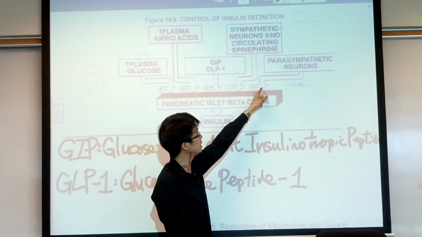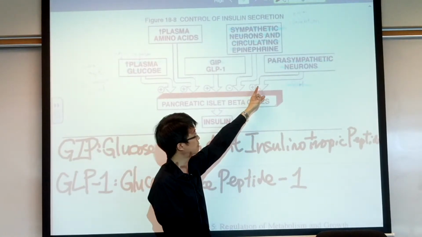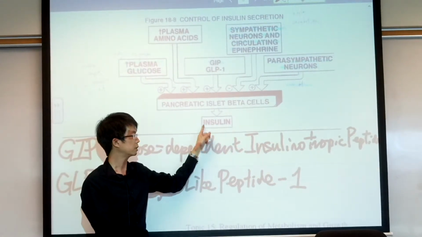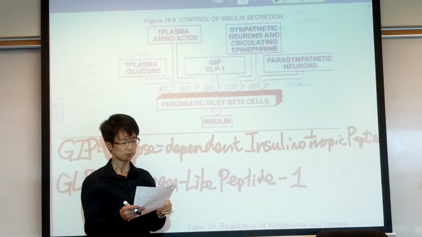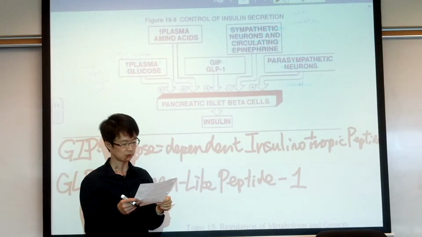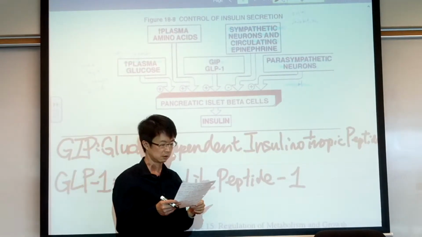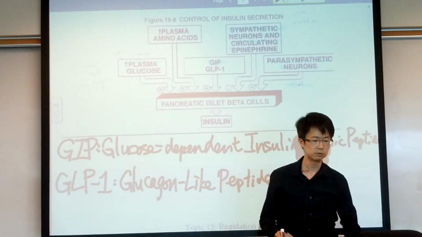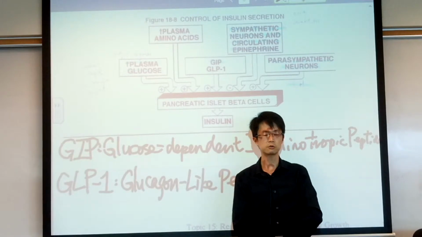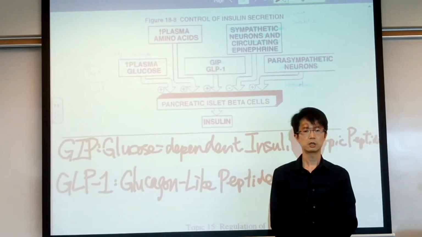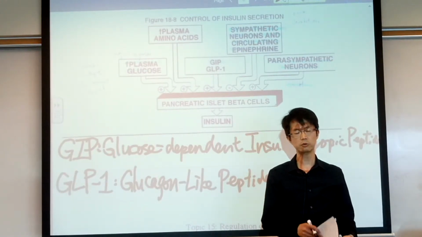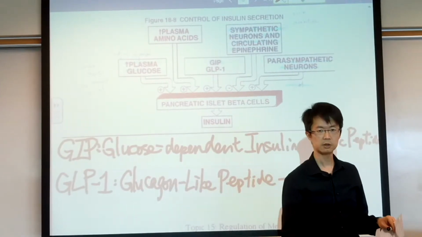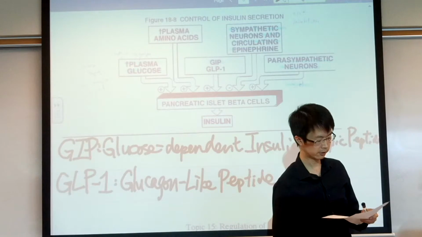On the other hand, the parasympathetic nervous system will trigger the secretion of insulin. And then after we talk about insulin, of course, it is most logical for us to talk about the antagonist. Which one is the antagonist of insulin? Well, let's try to think about it first.